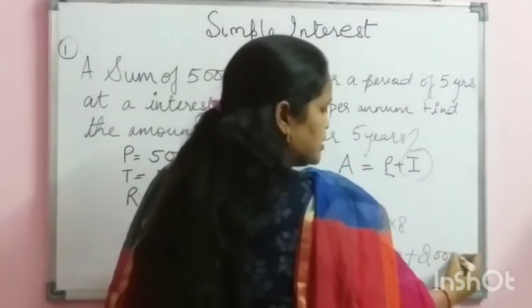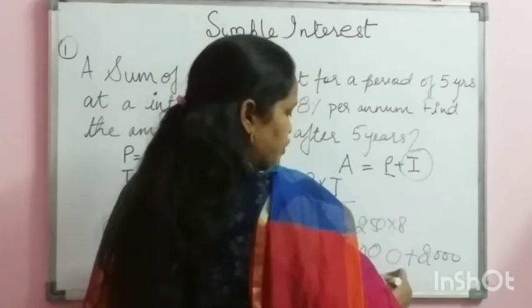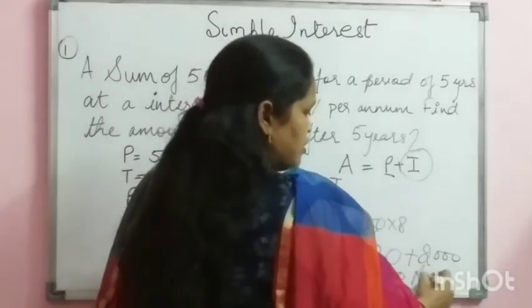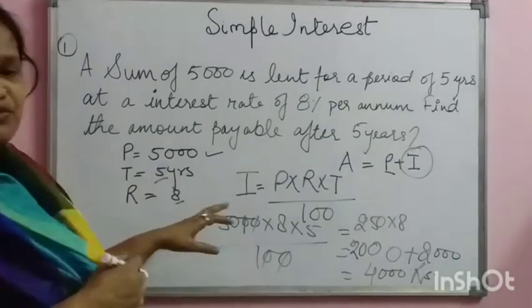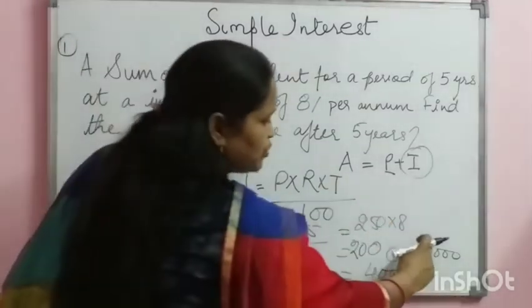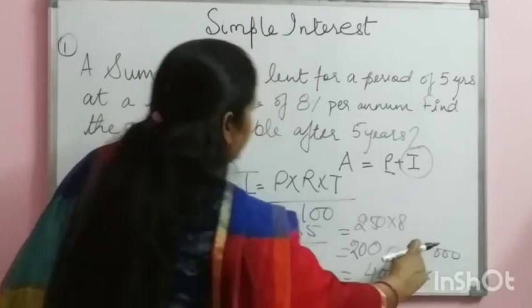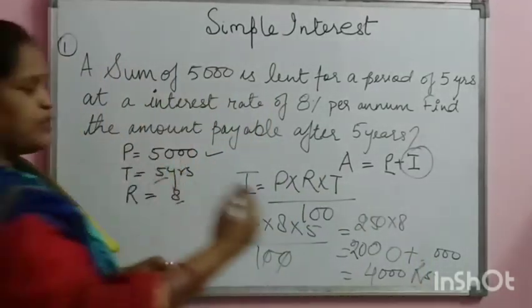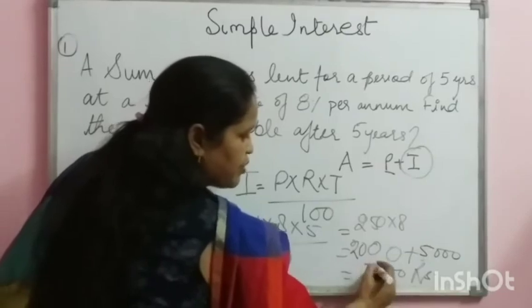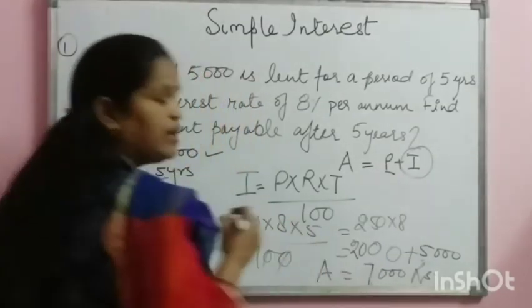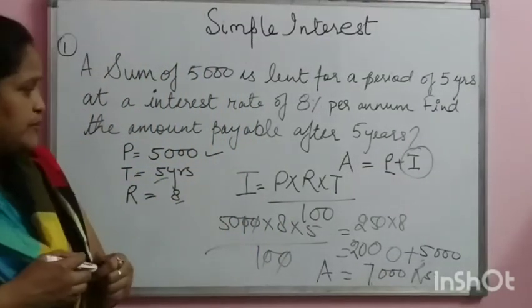Sorry, the principal is 5,000, no? So this will give you 7,000 rupees. So amount will be rupees 7,000.